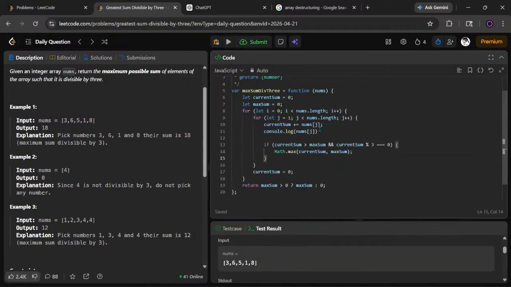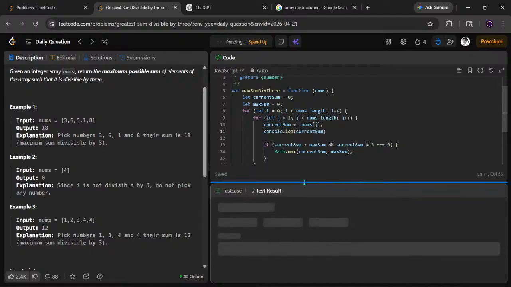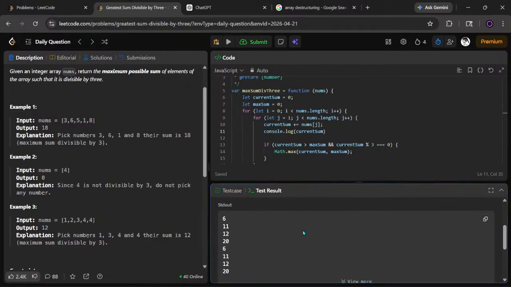Maybe some sort of... why is 18 not here though?